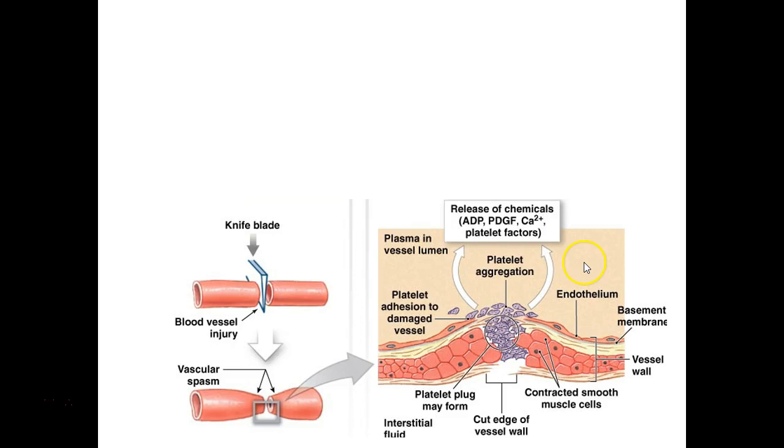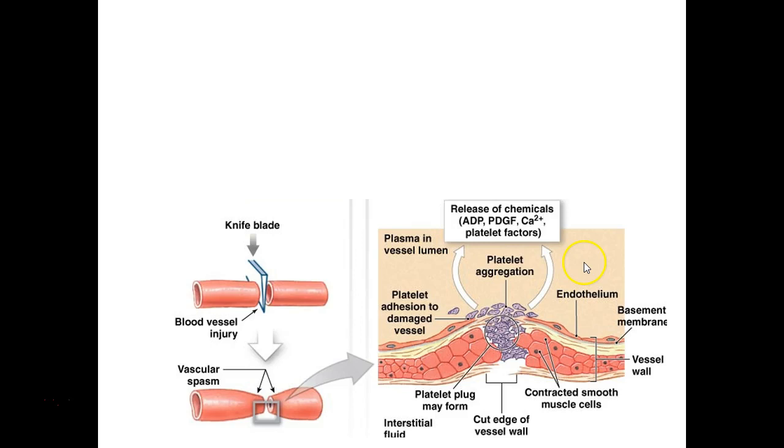And areas that have this vascular spasm, where you have compromised integrity of the blood compartment, they have little molecules that they start sticking out that can bind to receptors on platelets. And so the platelets that are rolling along get stuck to that area. And when they get stuck to that area, the platelets get activated.